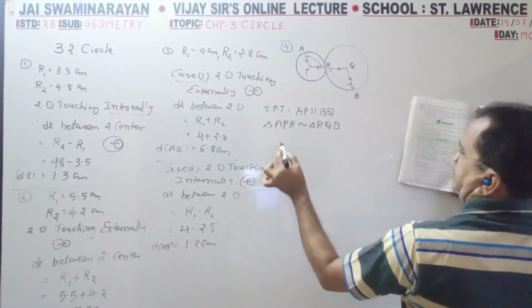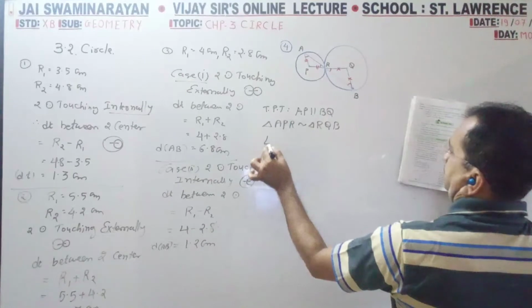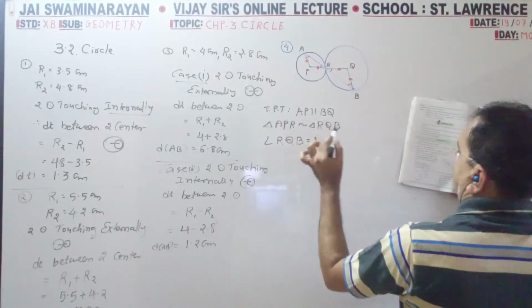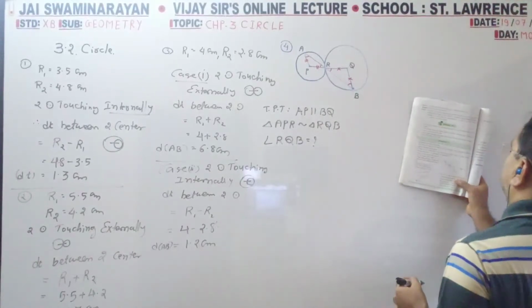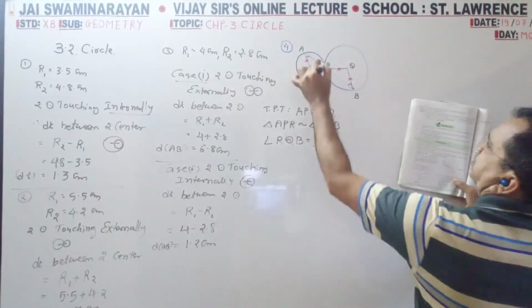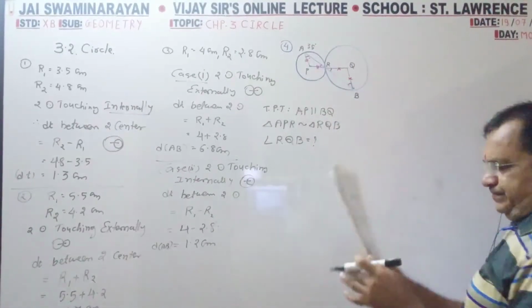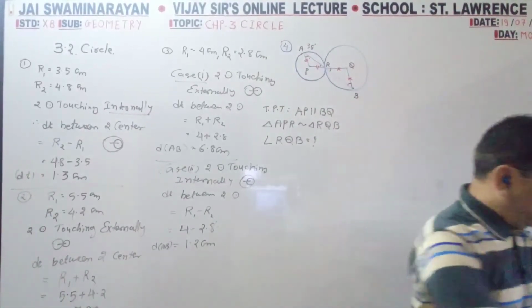Third, angle RQB is equal to how much? If angle APR is equal to 35, this degree is 35. Slow and steady.